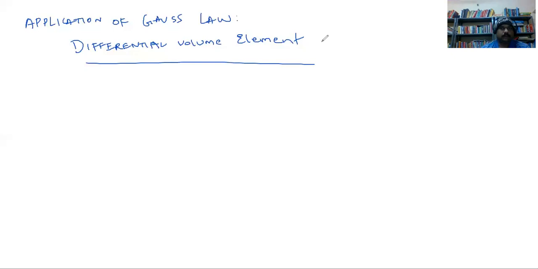Knowing this, we can have an important conclusion. We can write a replacement of Gauss law, or in other words we can have an equivalent of Gauss law by solving this application.